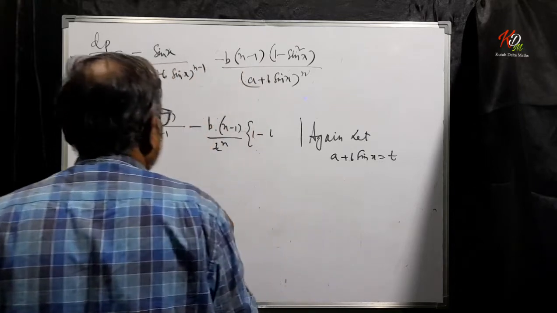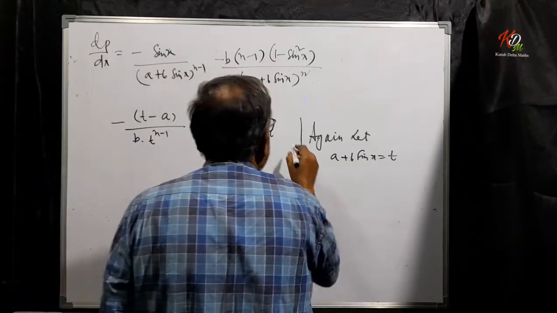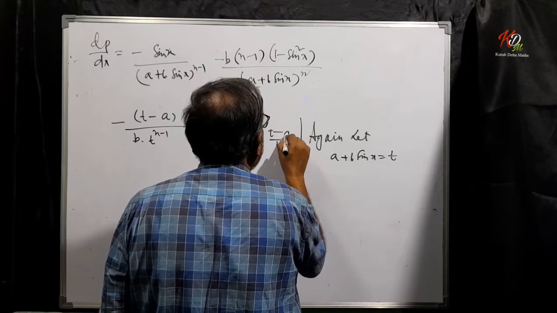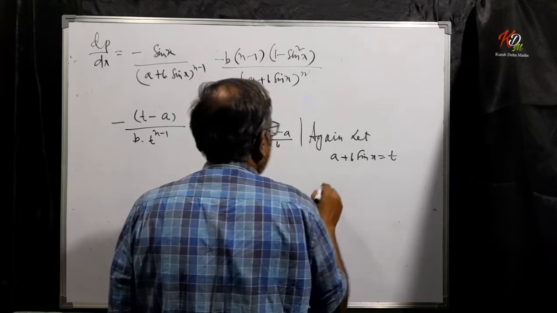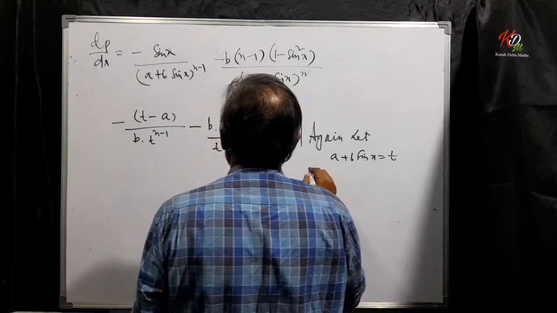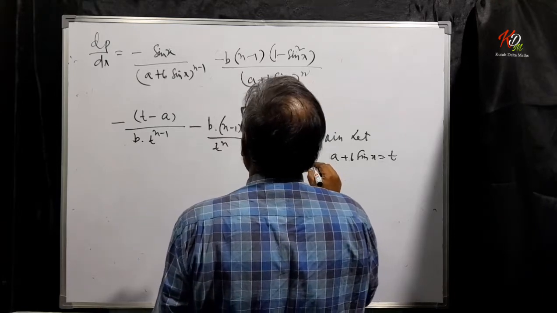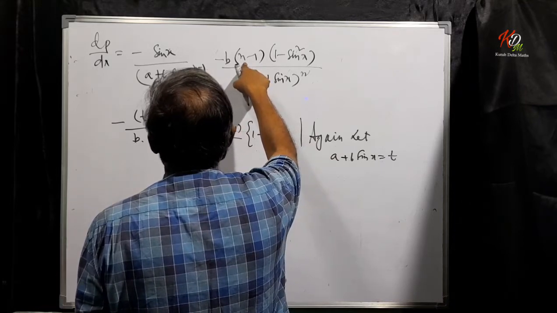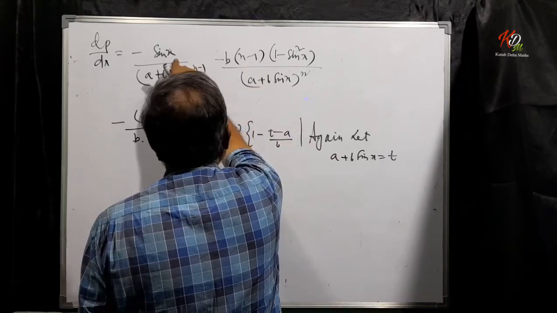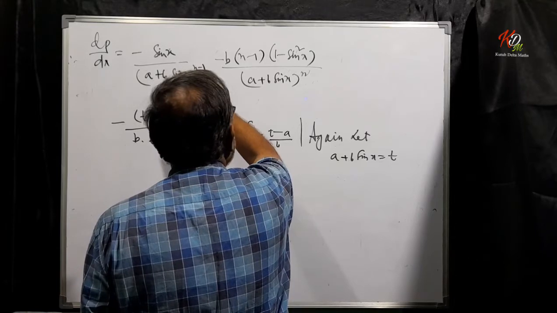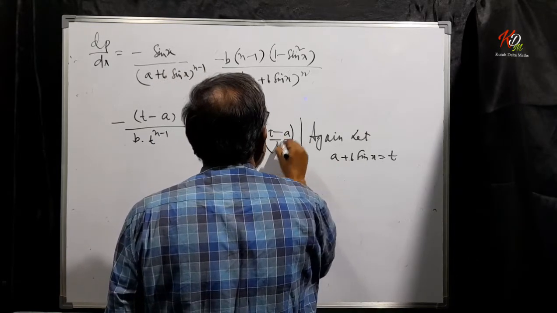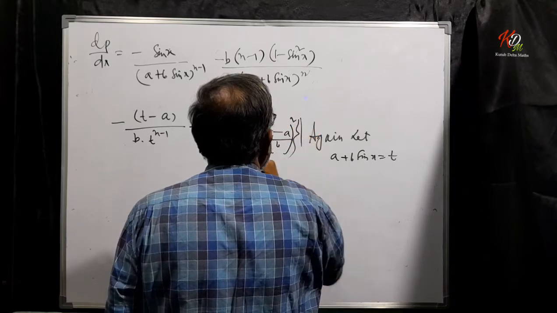Integration of dp dx, with sin x equal to t minus a by b, and cos square x equal to 1 minus sin square x, which is 1 minus t minus a by b whole square.